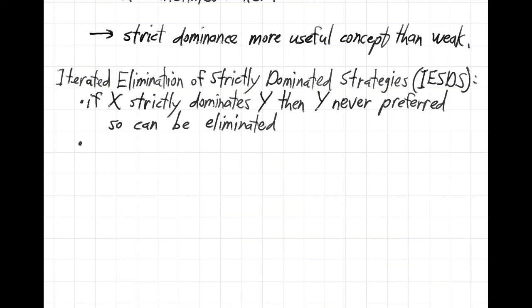That results in a simplified matrix. And the neat thing is that once you've simplified the matrix, that also shows some strict dominance.